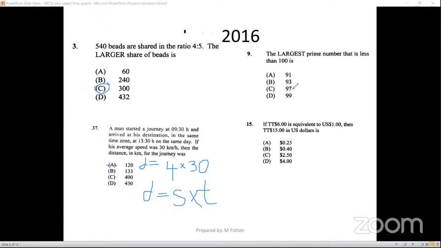Yes, miss. I agree with that as well. 97. 3 will leave a remainder, 2 will leave a remainder, 5 will leave a remainder. We don't have to go any further. And the answer for number 15 is $2.50. C. Seeing that we're dealing with money, we wouldn't say 2.5, we say $2.50.